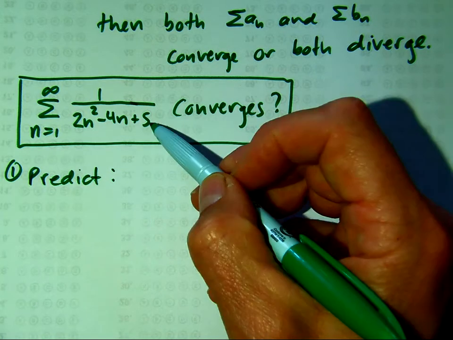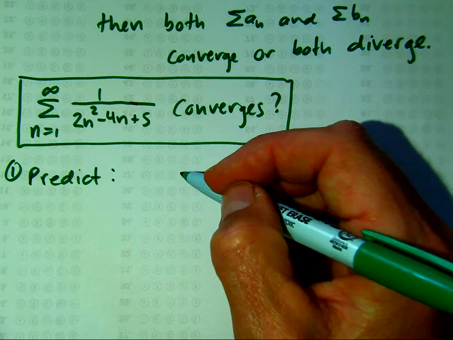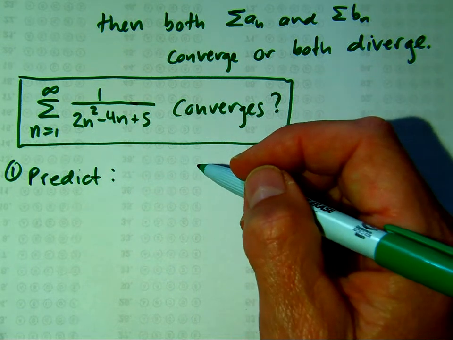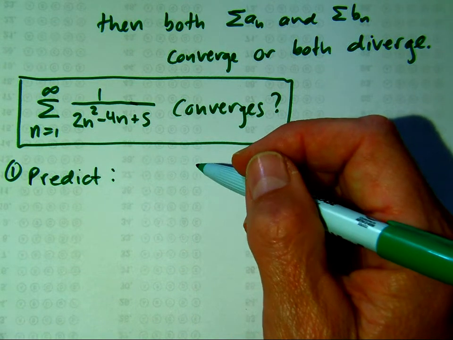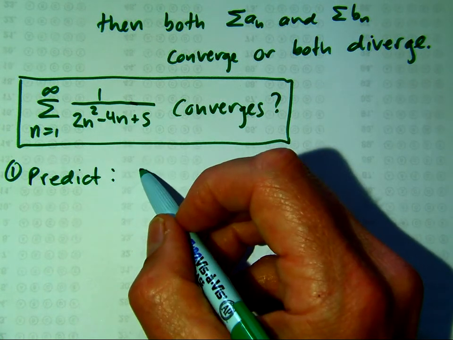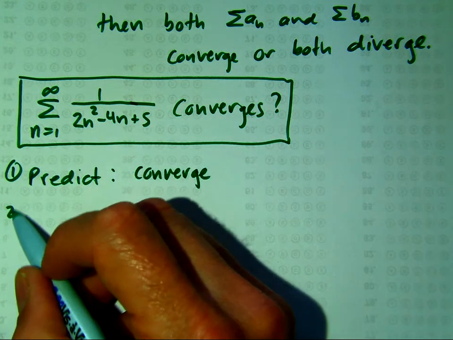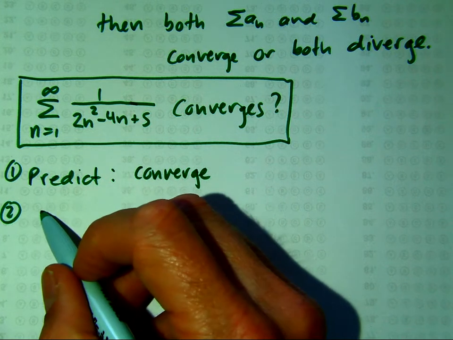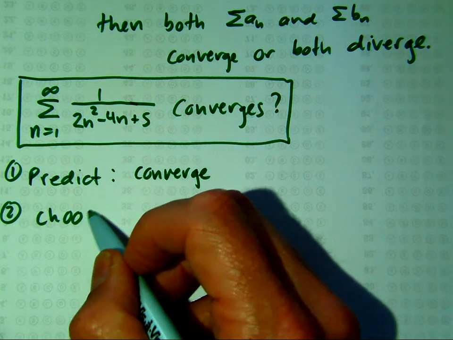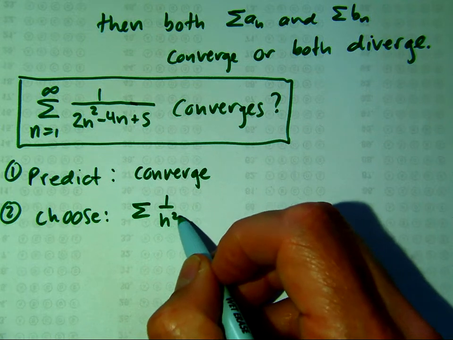When we look at the denominator, it's n squared, and the series of 1 over n squared converges. So we're going to predict that it converges. Let's choose something to compare it with, and that would be 1 over n squared.